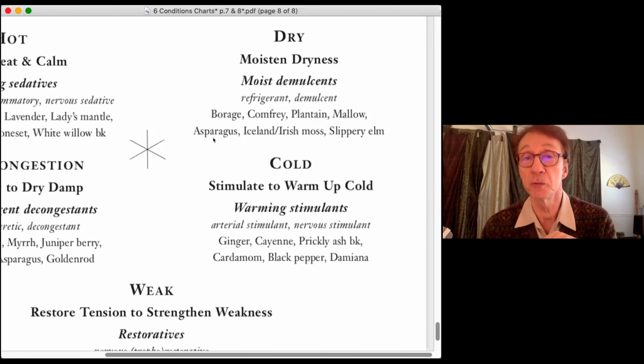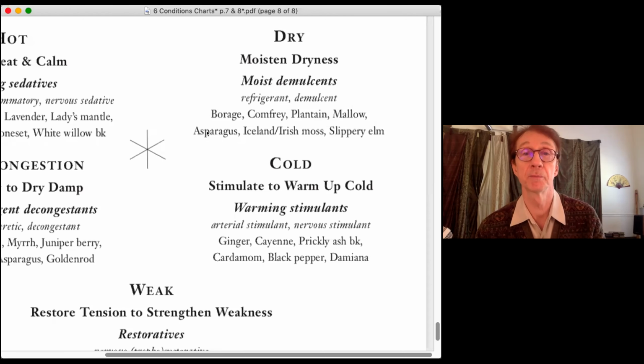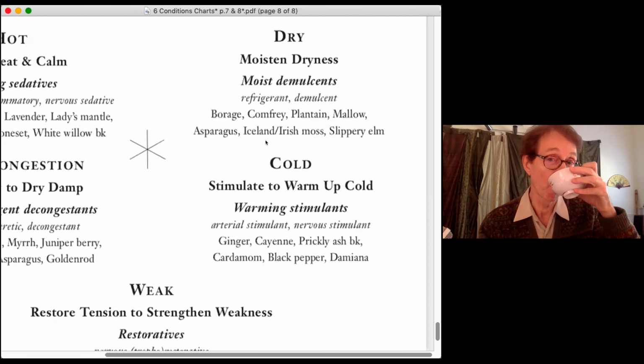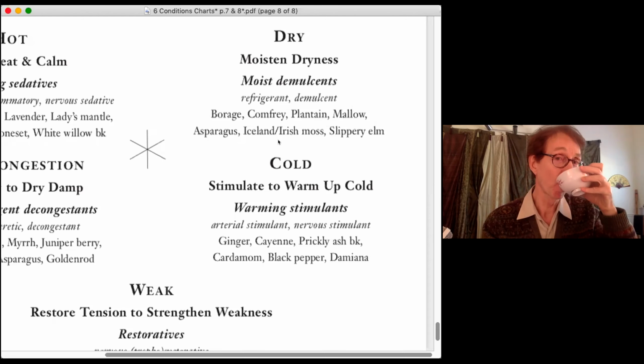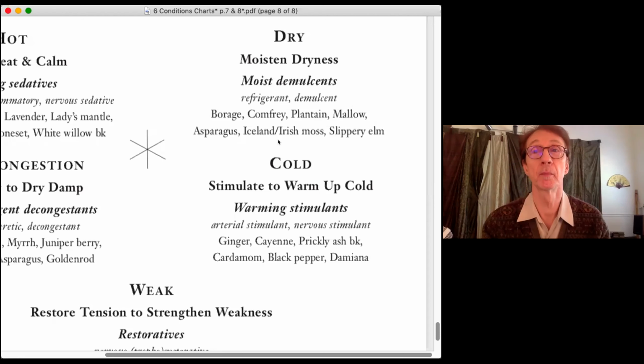Okay, asparagus root, wild asparagus, of course, not the edible type. And then the mosses, there's Iceland moss and Irish moss, a type of seaweed. And slippery elm bark from the USA, right?